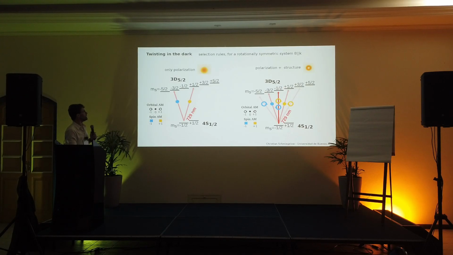If you just have polarization, so you're in a Gaussian beam and your atom is in the center of the beam, like where my laser pointer is, and your magnetic field is in the same direction as your beam propagation, you have rotational symmetry. So the only transitions you can make are Δm equal to ±1.